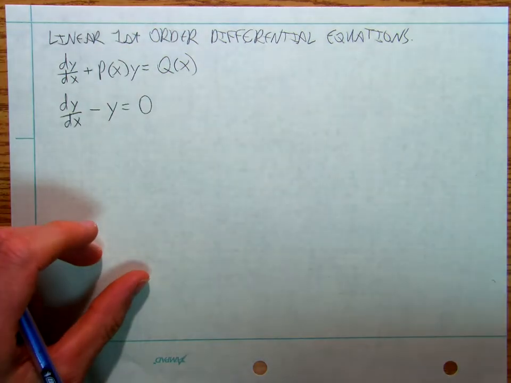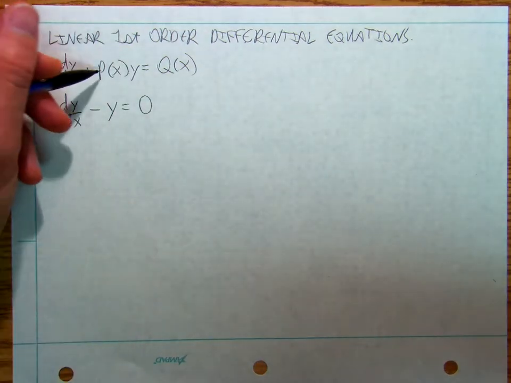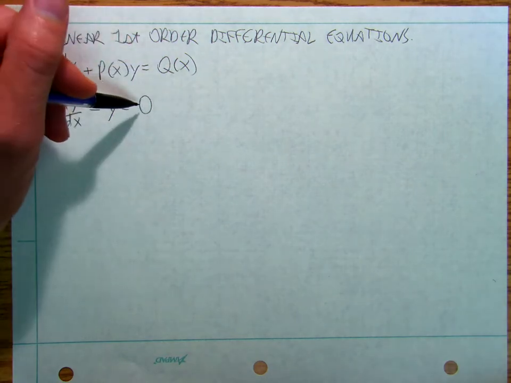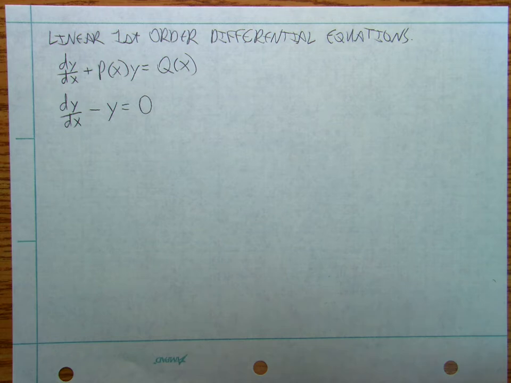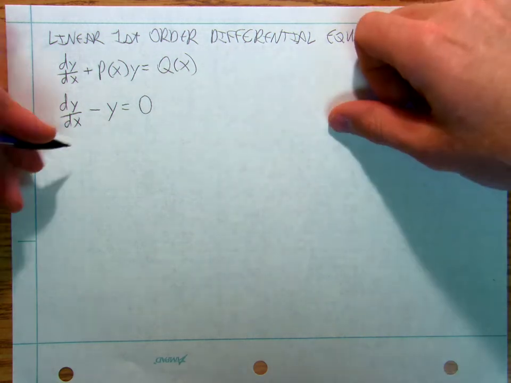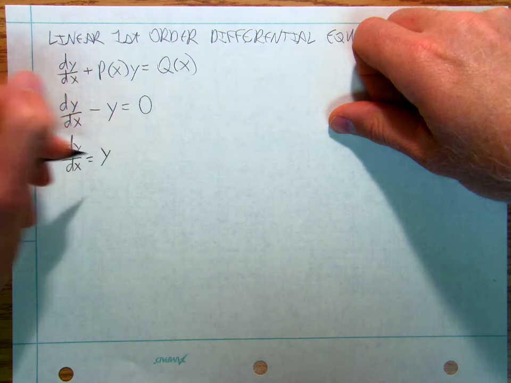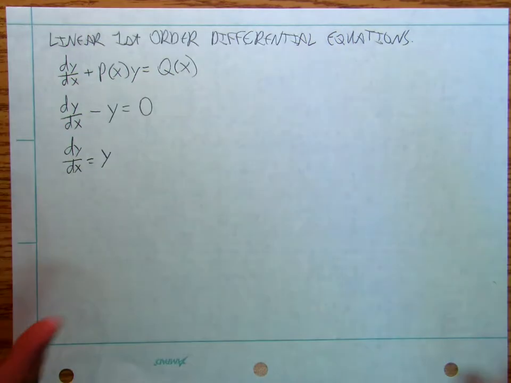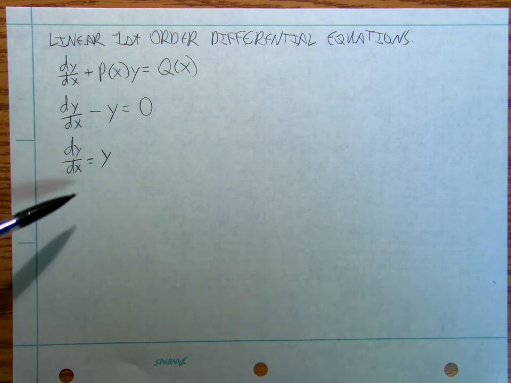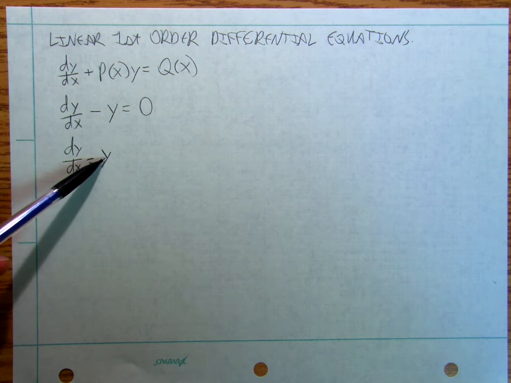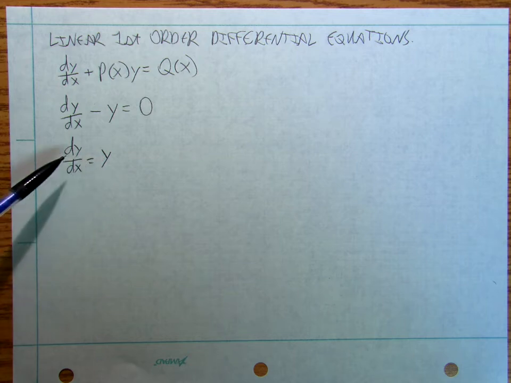Okay, so this is one where p of x is just equal to -1 and q of x is equal to 0. Okay, and so we're going to rewrite this like that. And now what we have is this idea that we say, what function is equal to the derivative of that function?